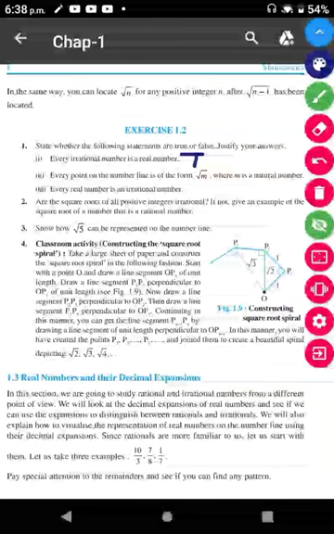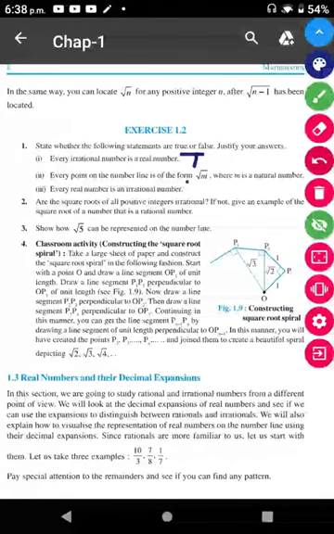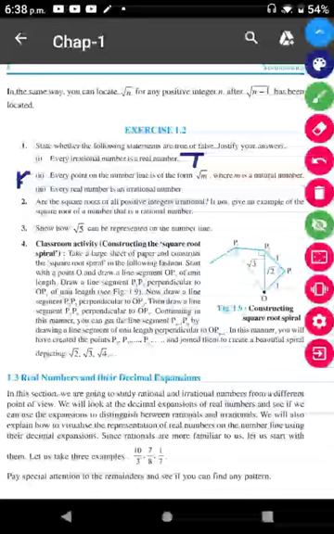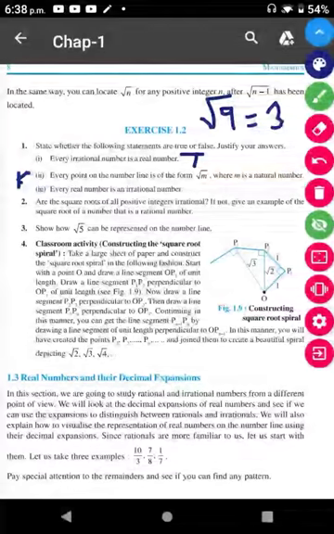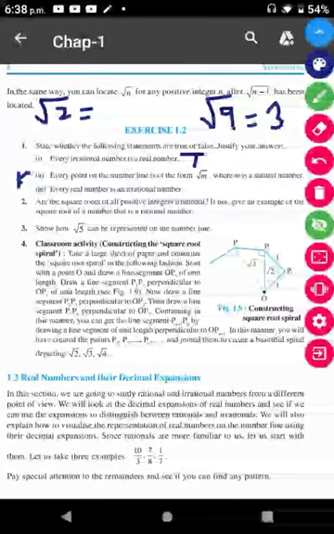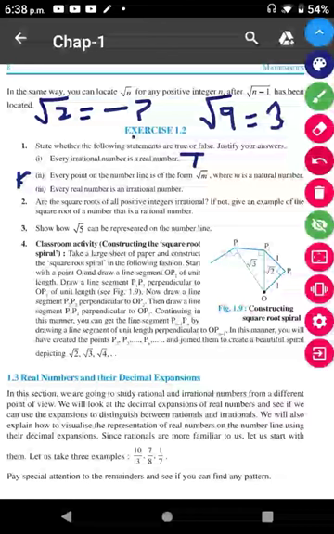Now the second point. Every point on the number line is in the form of root m, where m is a natural number. That is false. For example, there is root 9, I can show this is 3. But what if there is root 2, which is an irrational number, so we can't show it as a natural number.